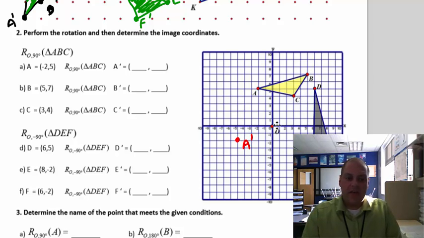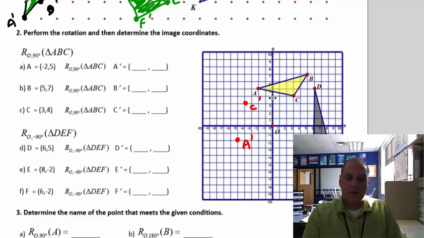Okay, C to O, 1, 2, 3, 4, 1, 2, 3. 4 up, 3 to the right. So we're going to go 4 left, 1, 2, 3, 4 left, and 3 up, 1, 2, 3. And that's going to be C prime. And then where is B compared to O?